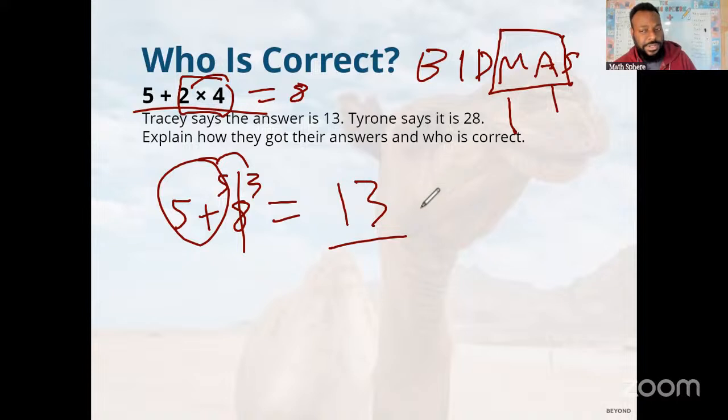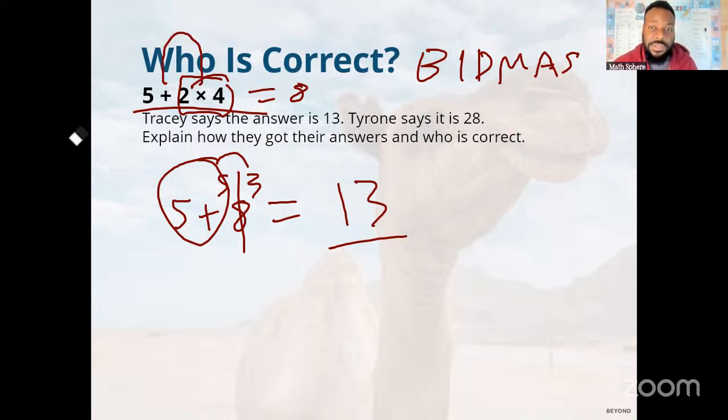Tyrone got it wrong in this case, but how did he do it? Well, he probably followed it in the same linear sense and treated adding and multiplication as if they have the same strength, as if they operate on the same terms. And they don't. The only ones that operate on the same terms in a linear sense are division and multiplication, and addition and subtraction, because they're direct opposites of each other.